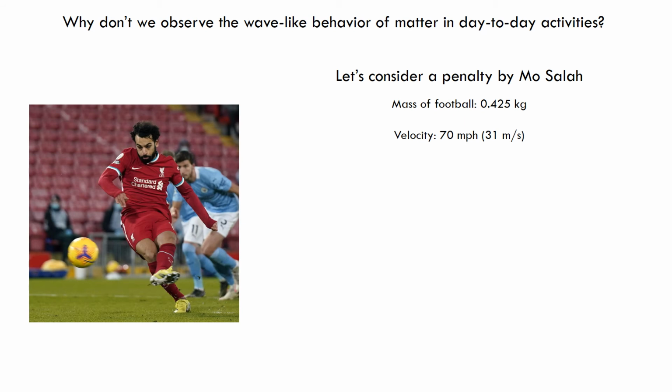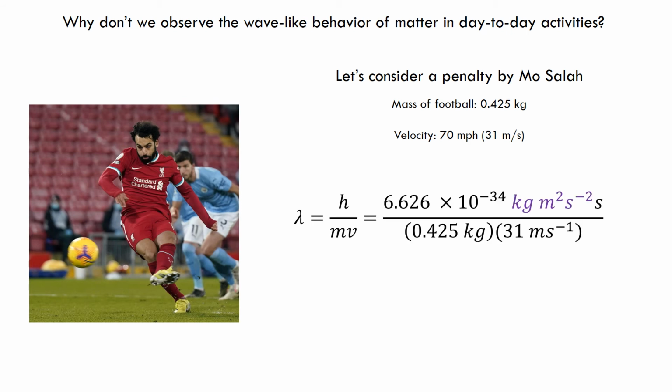Why don't we observe wave-like behavior of matter in our day-to-day activities? Let's think about a penalty kick taken by Mo Salah. We know the mass of the football, and we know the velocity at which Mo Salah kicks the ball. It's about 70 miles per hour or 31 meters per second, and we can calculate the wavelength of the football here.